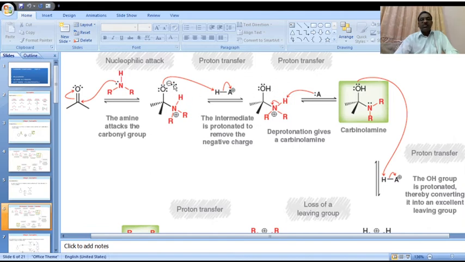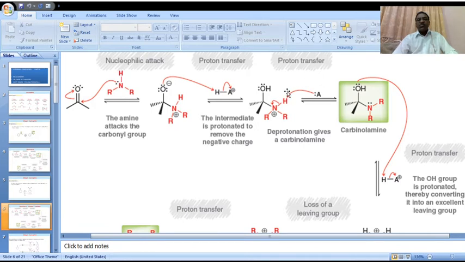Okay, is it clear? This is the proton transfer step. Next, another proton transfer step from the amine side. Deprotonation gives a carbinolamine. This is also the same as in the last reaction.